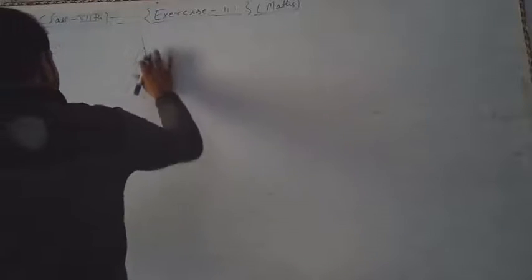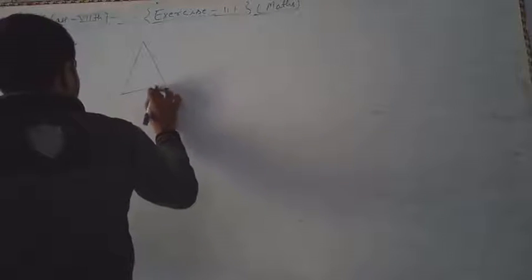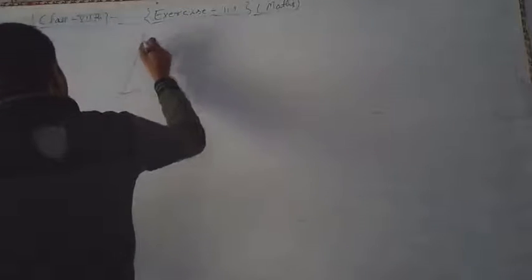Here you have been given triangle ABC, and we have to name the type of the triangle. We suppose that this is triangle ABC with sides 8 cm, 7 cm and 6 cm.